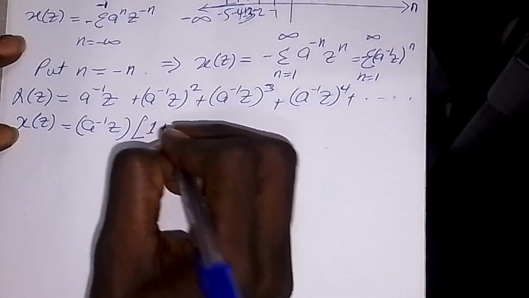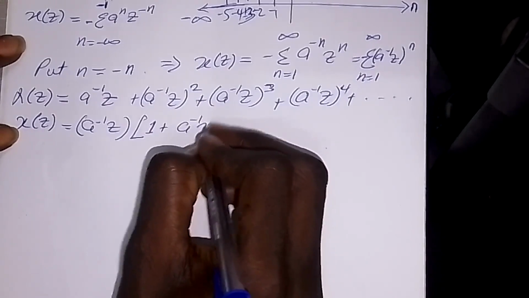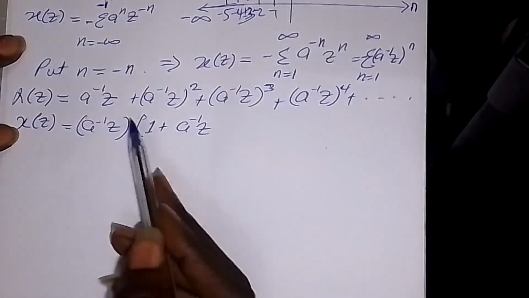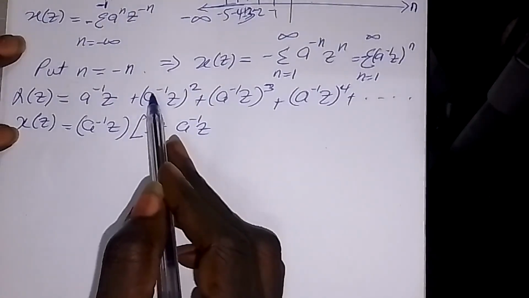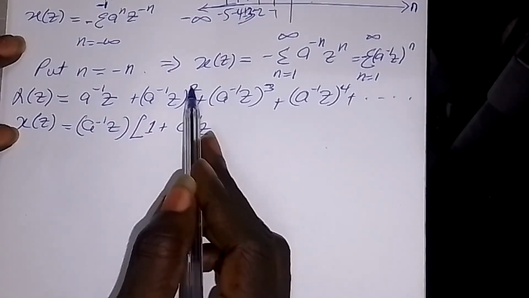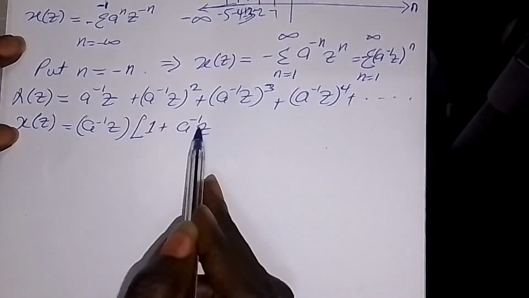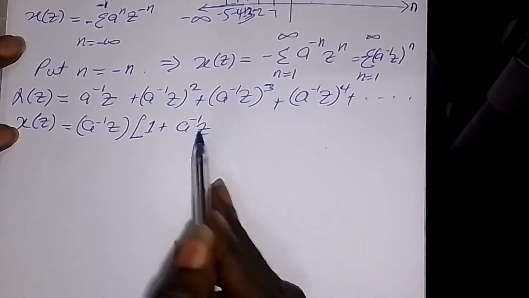And then what will I have here? Here it will become a exponent minus 1 z, because a exponent minus 1 times a exponent minus 1 will be a exponent minus 2. Then z exponent 1 times z exponent 1, you get z exponent 2. Here you get z exponent 2. So it's the same.